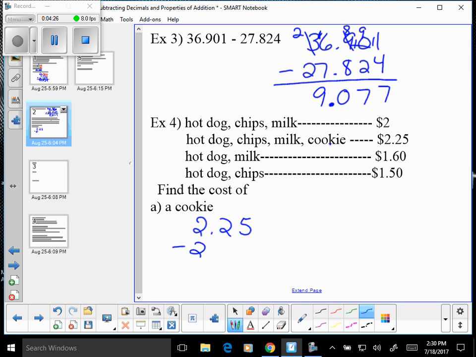I'm going to subtract the 2. Now notice I'm going to put my decimal point in and my 2 zeros just to help me. 5 minus 0 is 5, 2 minus 0 is 2. Bring that decimal point straight down. You do not really have to write that 2 minus 2 is 0 if you do not want to. But since we are working with money, it would be pretty important for you to put in a $ sign at this point.